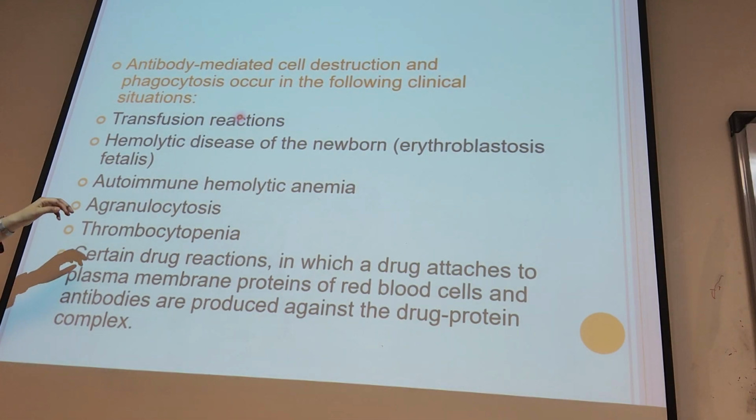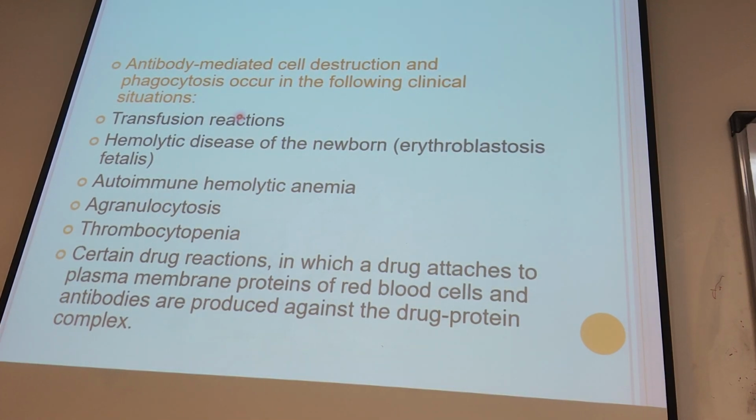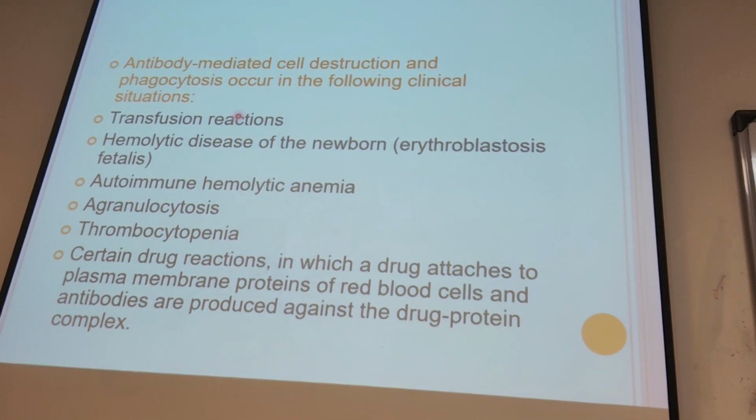And also we have hemolytic disease of the newborn, autoimmune hemolytic anemia, agranulocytosis, thrombocytopenia, and some drug reactions, as I told you, may cause this type of reactions against, for example, RBCs or other types of cells.